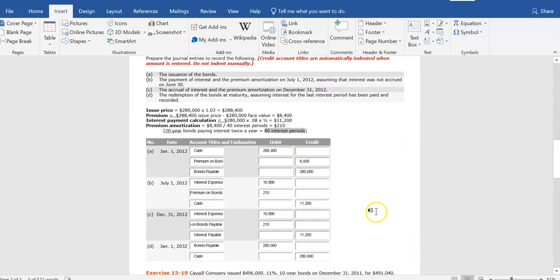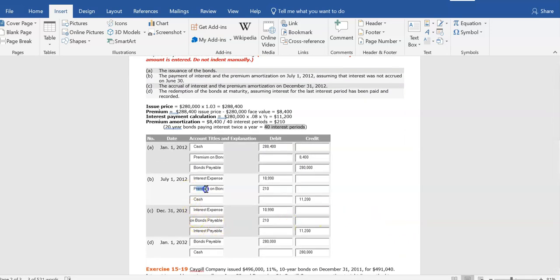With every interest payment, we are decreasing that premium a little bit. So when we get to the end of the life of the bonds, there will be no more premium recorded because the premium we recorded when we issue the bonds will have been amortized into interest expense over the life of the bonds.